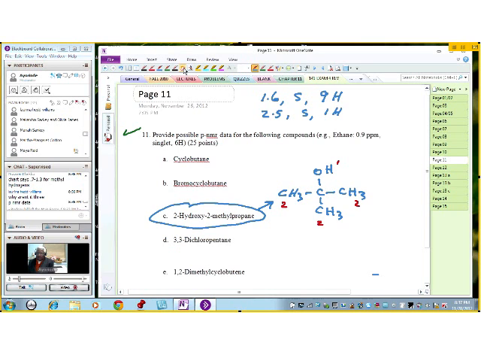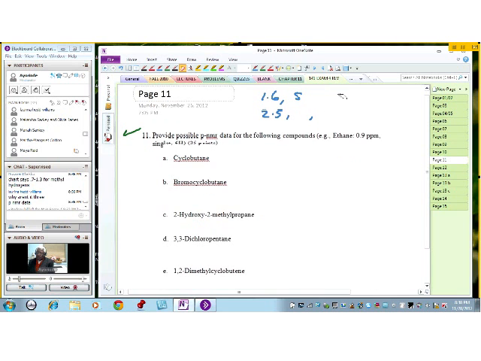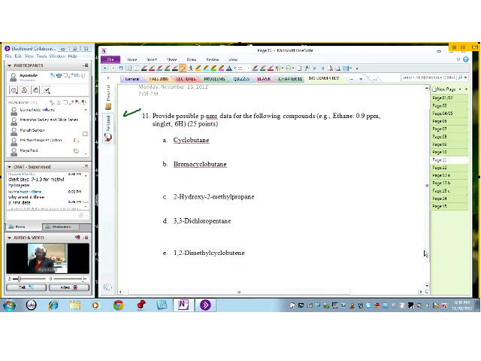Now let us do D. Let me go ahead and erase this. Hopefully, by doing this, you get to familiarize yourself with those chemical shift data, with some of the range where you expect them to be.